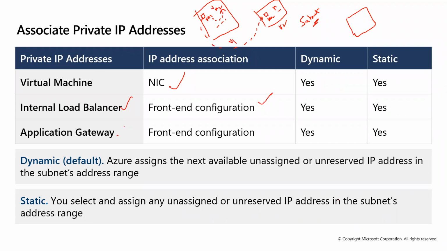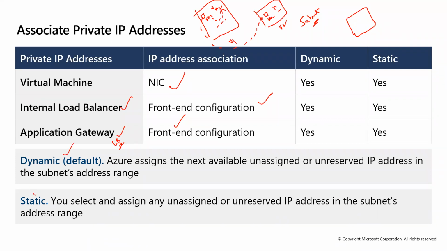If it is an application gateway, again, this is another load balancing solution. If the application gateway is hosting an application which is accessed within your corporate network, the front-end configuration requires a private IP. So by default, the private IPs are assigned by the subnet or dynamic.